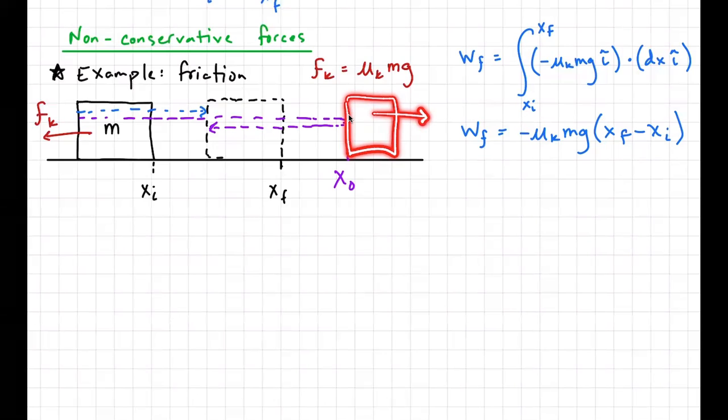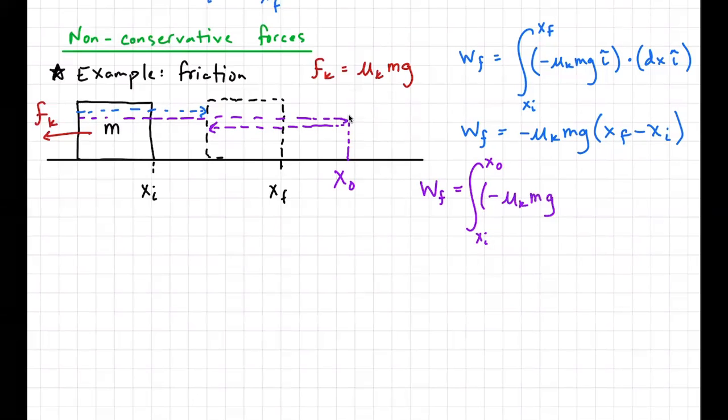So we really have to split this into two integrals if we want to calculate the work done by friction for the purple path. There's two parts. The first is when it's going right from xi to x naught. This integral looks just like the one above. The force of friction there points left in the negative x direction, dotted with our path length vector. But now we have plus this other part of the work where we're going from x naught back to xf.